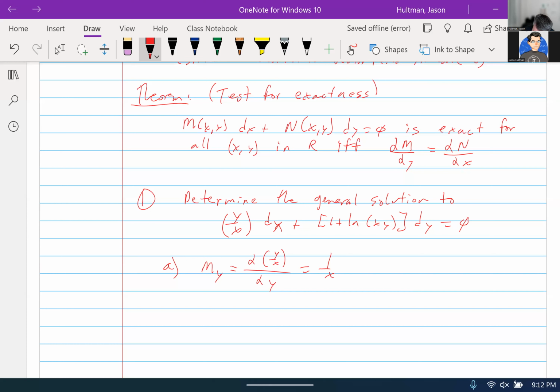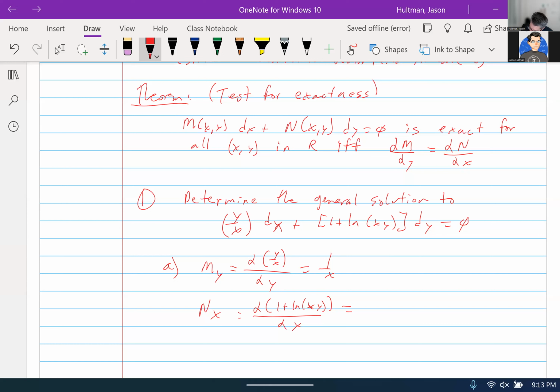Now we want the partial of N with respect to x. So that's the partial of 1 plus natural log of xy with respect to x. Well, the derivative of 1 is just 0.